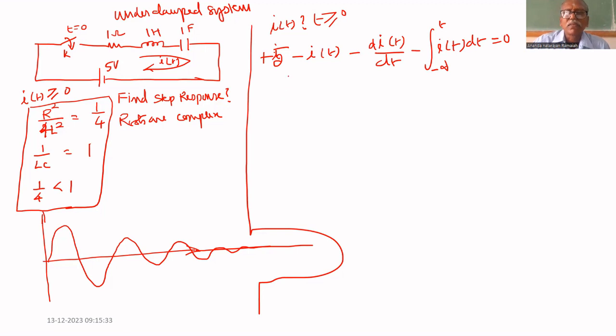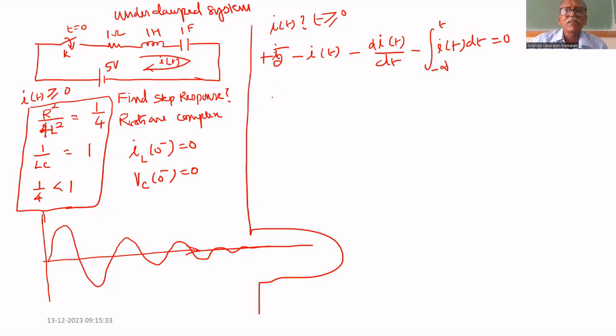From this, let us assume that IL of 0 minus equal to 0 and VC of 0 minus equal to 0. No charge in the capacitor, no current in the inductor initially.